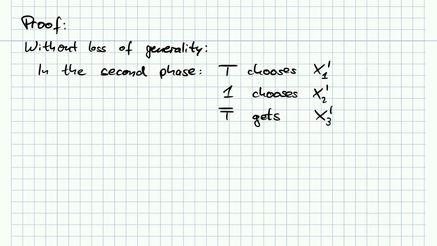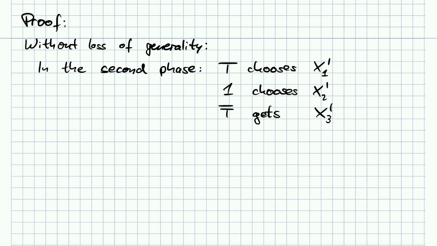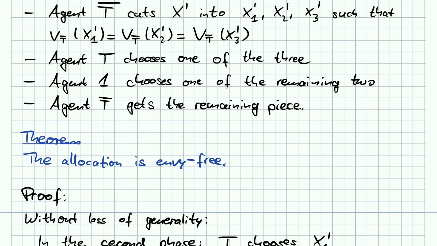So why is it that envy-freeness is fulfilled? Let's first consider agent T. What is it that agent T is getting? Agent T is getting x1 take away x prime. This is how agent T was defined.